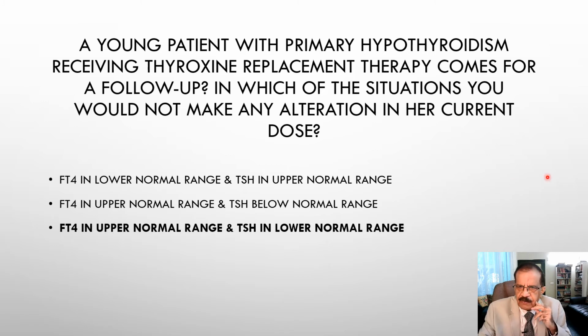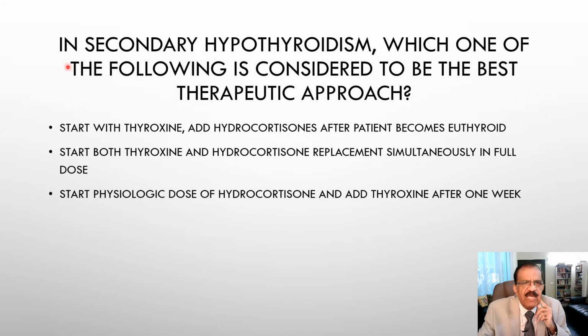All right, you are becoming expert now. In secondary hypothyroidism, when there is a disease in the pituitary gland, which one of the following is considered to be the best therapeutic approach? Start with thyroxine, add hydrocortisone after the patient becomes euthyroid.